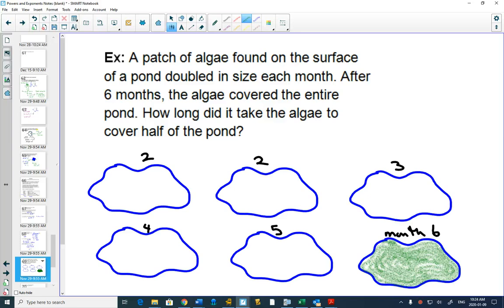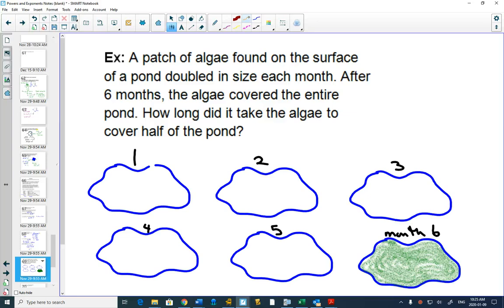It doubles every month. Wait, why are there two 2s? Oh, that is a good question. There we go. Month 1. If it doubled the next month, it would actually have to cover 2 ponds. Does that make sense? If you work backwards and it just doubled to fill the whole thing, what would it look like here?